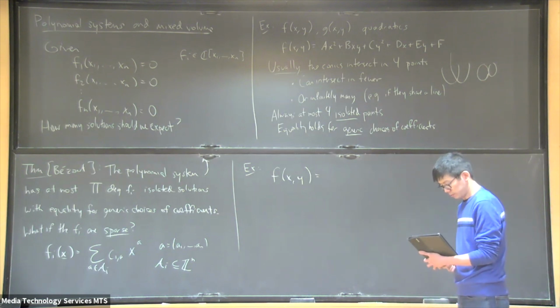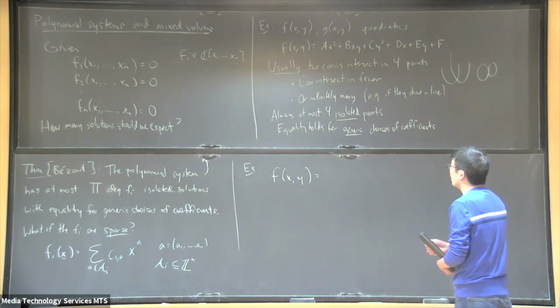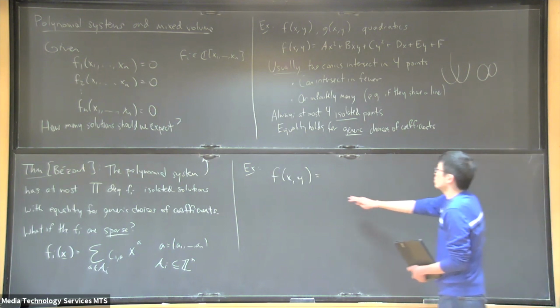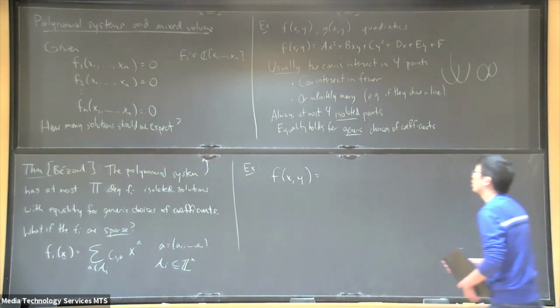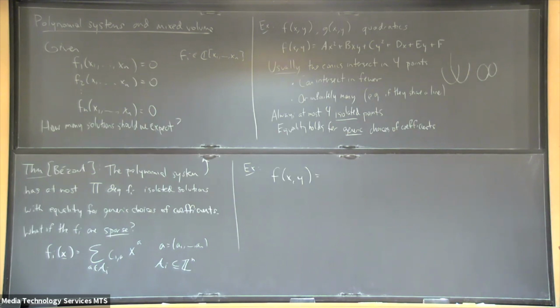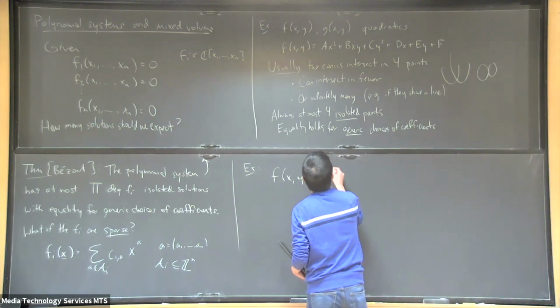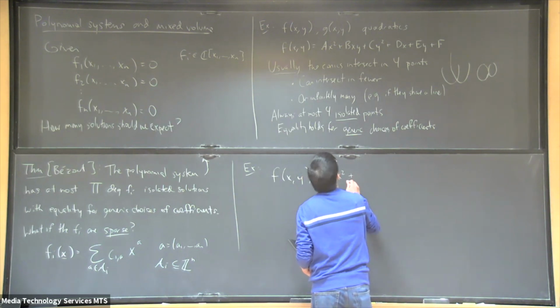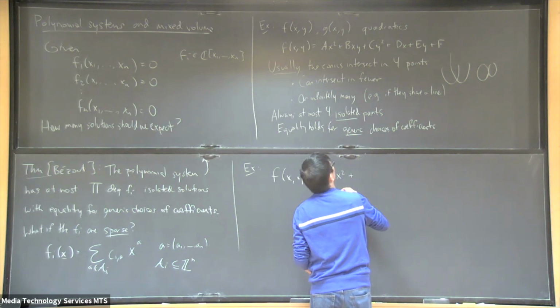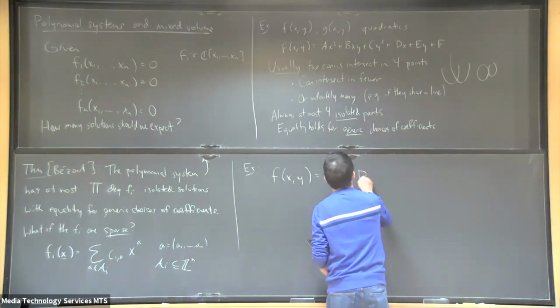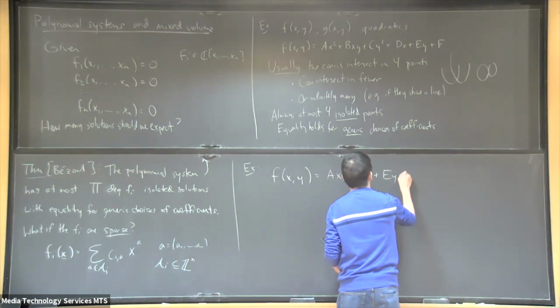Okay. So let's do an example. Maybe f is some quadratic, and I'm going to assume that its support is relatively small. So maybe it's of the form ax squared plus dx plus ey plus f.